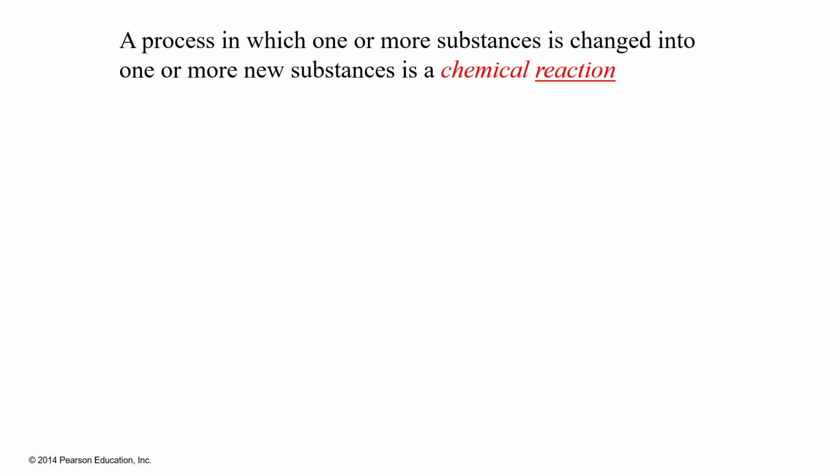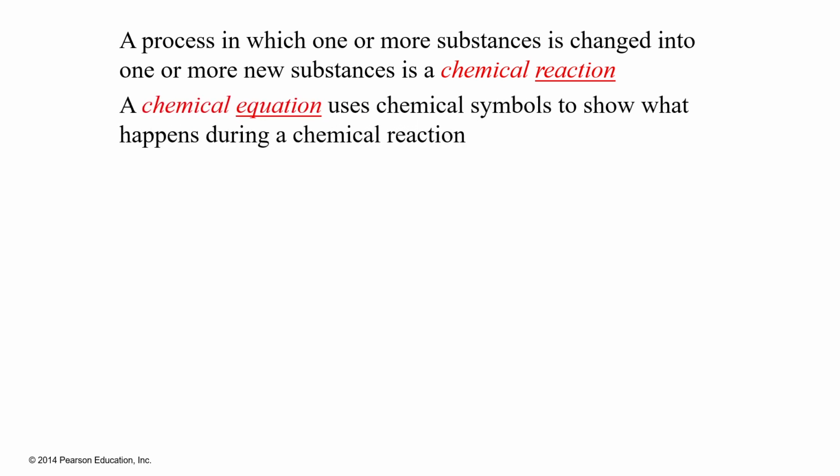And as you can understand, a chemical change may consist of a single chemical reaction, or it may consist of multiple chemical reactions. For example, we could say that the process of digesting a meal is a chemical change, but it consists of many chemical reactions. The way we represent a chemical reaction is by using a chemical equation.